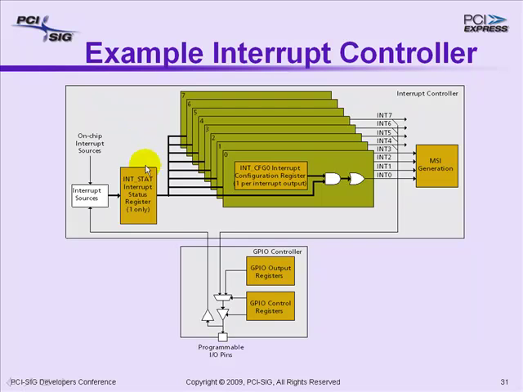Here we have a single interrupt status register that combines all the interrupt sources into one convenient place to go and poll. Then there are a series of enable registers, one per interrupt output. In this case, some of those interrupts are being forwarded to an MSI INTX generator, and some of them are being forwarded to GPIO.